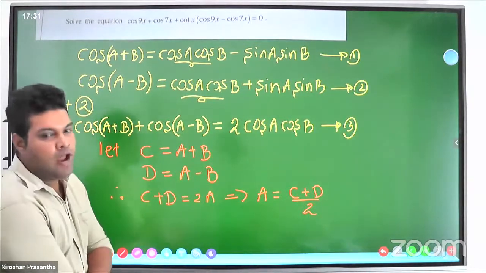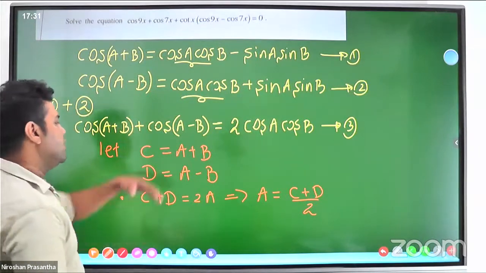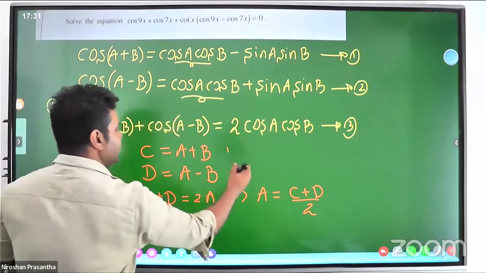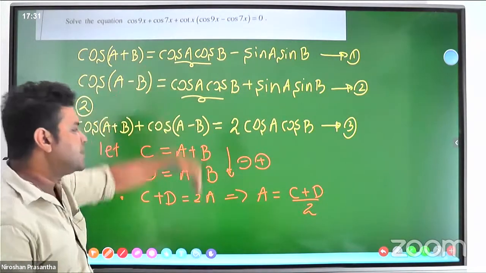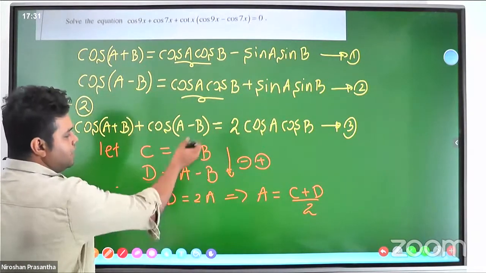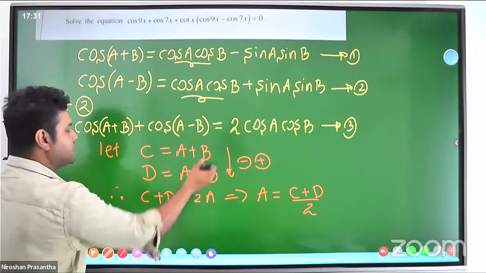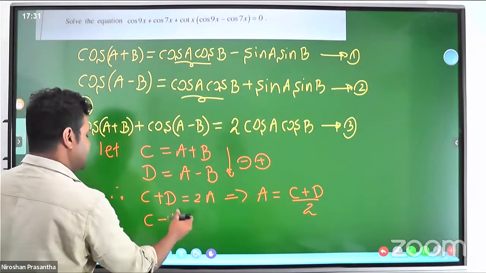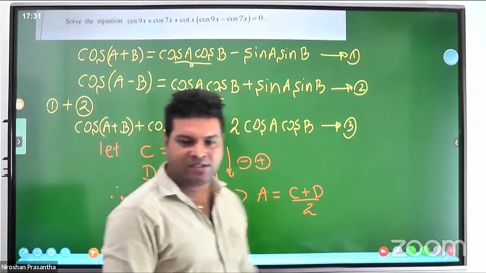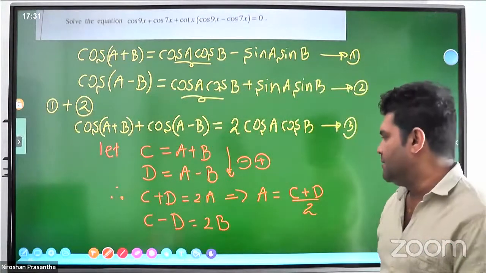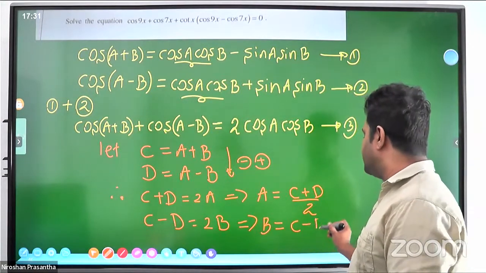If we subtract them this time, A and A cancel. Because of the negative signs, negative becomes positive, there will be C minus D equals double B. We have done this in the theory parts, okay? Double B. Then what is B? B is C minus D over 2.